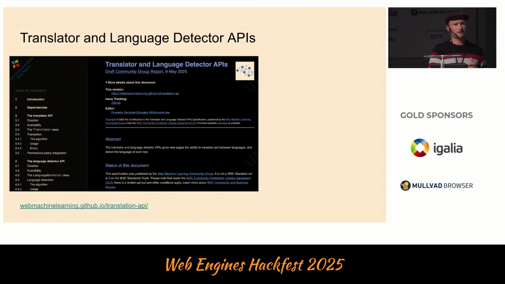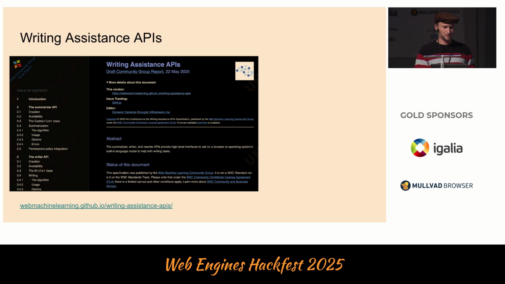And as I said, this work is being done in the community group at the W3C. So there are some draft specs that people have come up with here. There's the translator and language detector APIs, which define the language detector and the translator API. There's the writing assistance APIs, which define the writer and the rewriter API and the summarizer API.